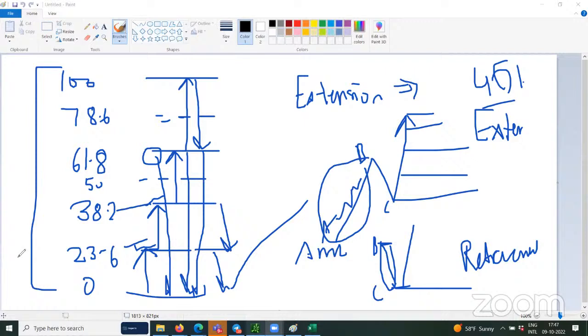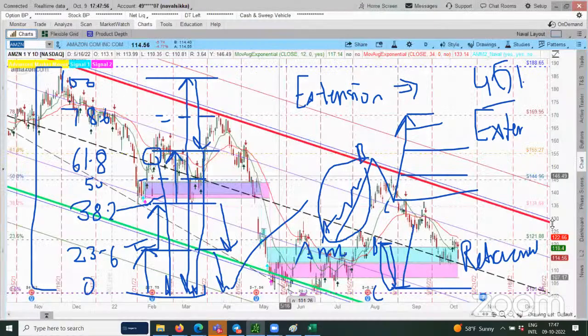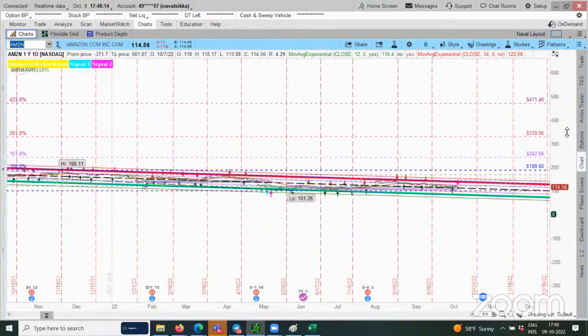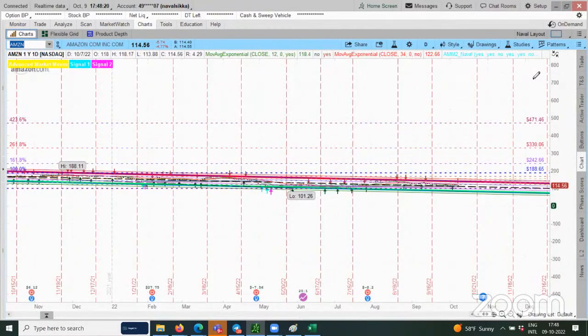I have this scale: 0, 23, 38, 50, 61, 78, 100. Then I have 161, 261, and the last one is 423. And that's it. I do not go beyond that, because if I cross 261, then I have to change something in my charts because I'm well above my initial area.